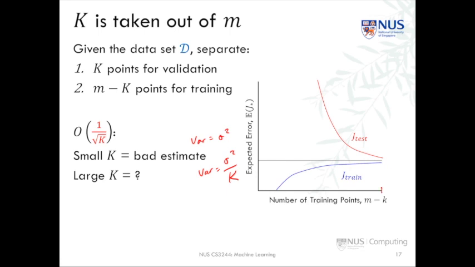Hopefully it's clear to you that if we have m as the limit of points that we can use, as we push back k, as we take a larger and larger k, we are going in this direction.